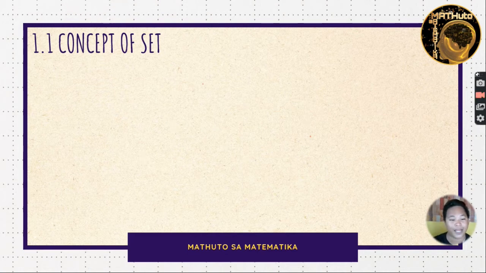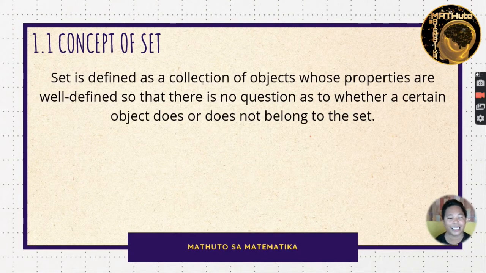So if we're going to formally define set, it is defined as a collection of objects whose properties are well defined so that there is no question as to whether a certain object does or does not belong to the set. So we have the following examples below para masabi natin na isa siyang set.